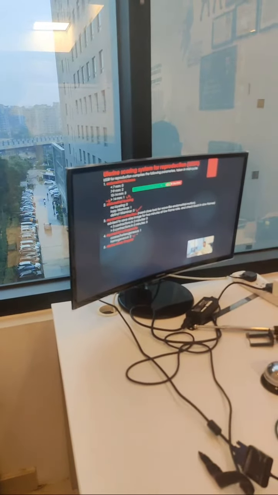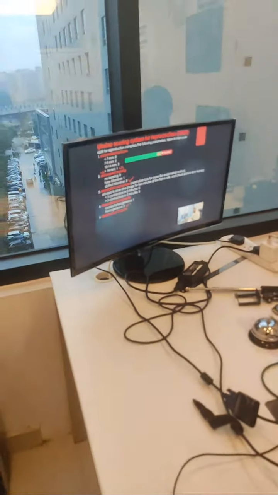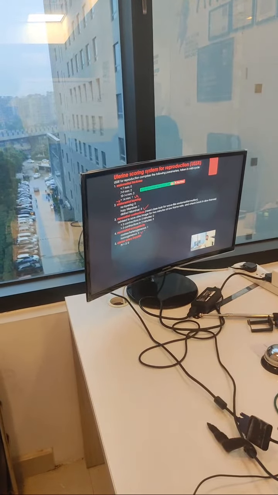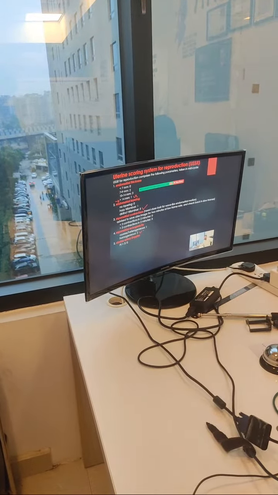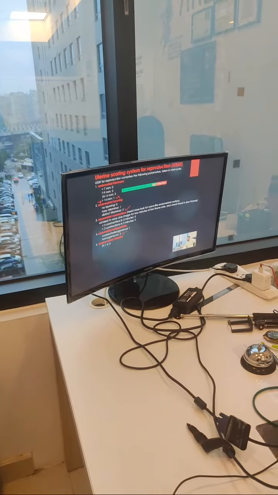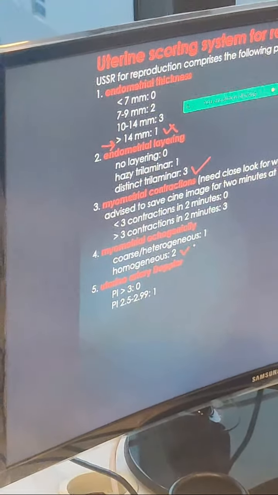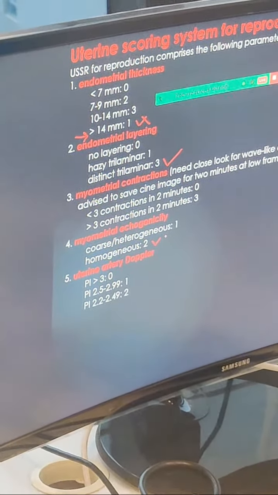Then I will be putting your favorite uterine artery Doppler. So whenever I put a Doppler on the uterine artery, I will see for the pulsatility index. If the pulsatility index is more than 3, then 0. If the pulsatility index is in between 2.5 to 2.99, then 1.